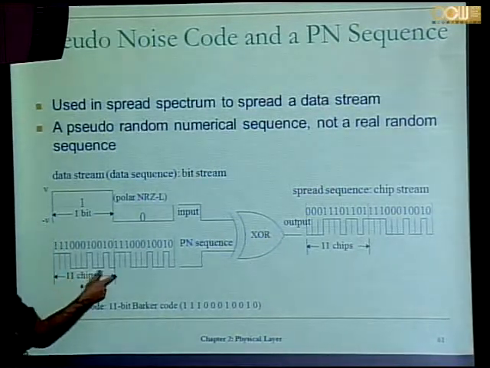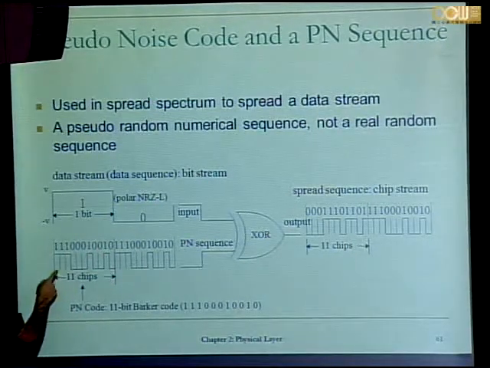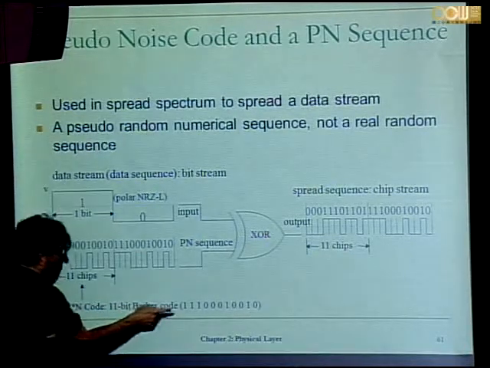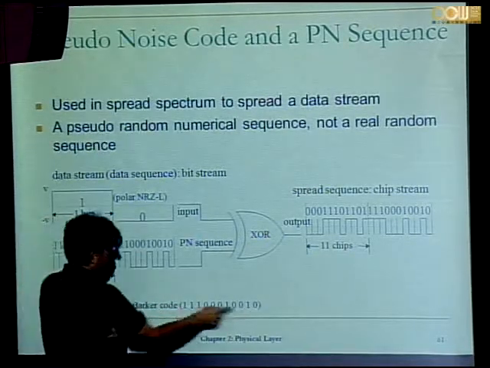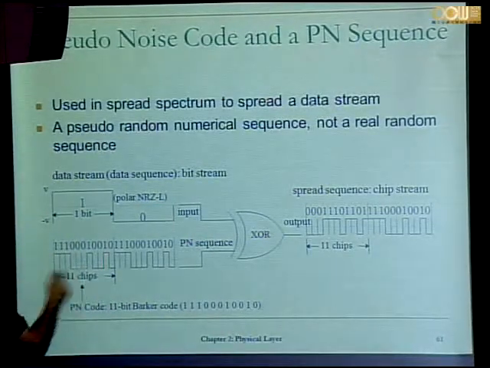Within a bit time, I have 11 chips. I have an 11-bit Barker code, which stands for this pattern, so this will be this pattern here, 11 chips.